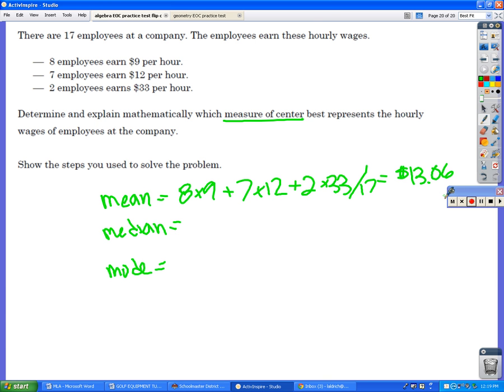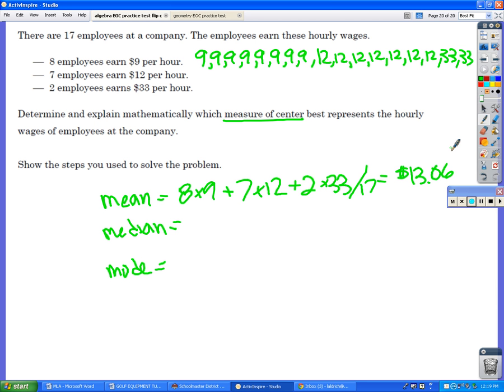Okay? What's the median? What's the definition of the median? The middle number. So you better list these out. I've got 8 nines. 1, 2, 3, 4, 5, 6, 7, 8. I got 7 12s. 3, 4, 5, 6, 7.